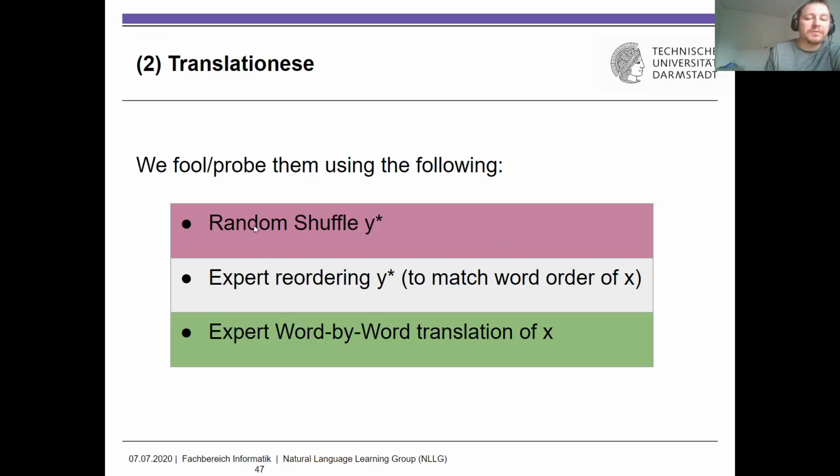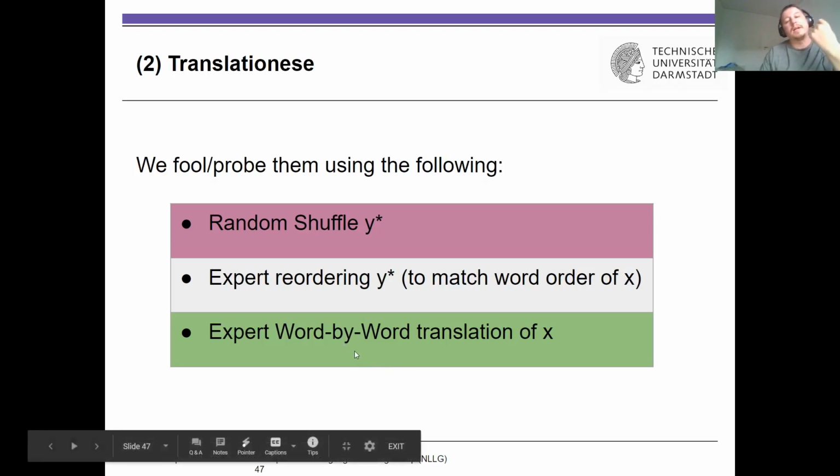The first case checks basic properties, whether our cross-lingual encoders are bag of words models, so to speak. The second thing checks for translation ease to a certain degree, like very literal translations, but we can go one step further with the literal translations, and this is the third case.